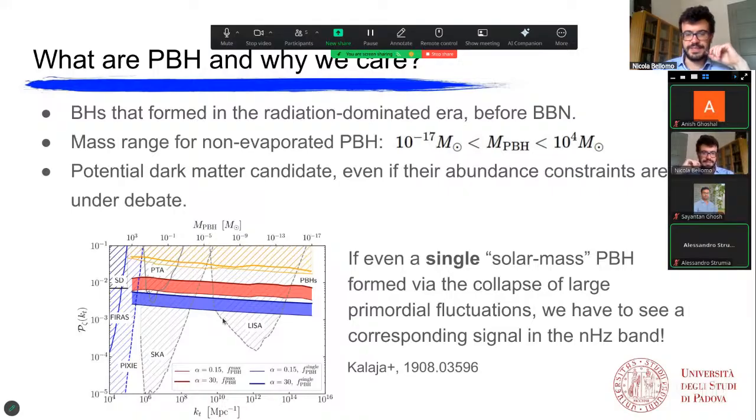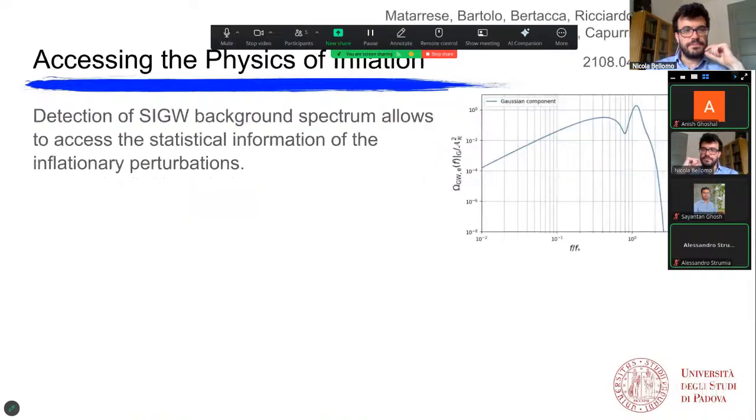So even if primordial black holes are just an incredibly subdominant component of dark matter, the fact that they are generated through these very large scalar perturbations would create enough tensor perturbations to be detected with future detectors.